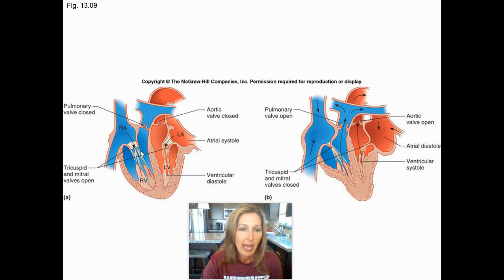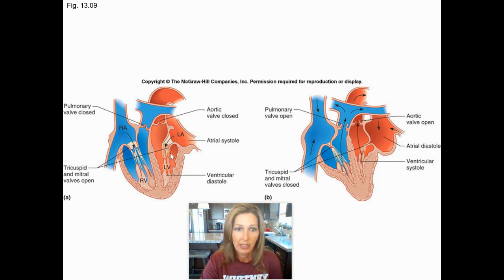Now, when atria contract, they push blood down into the ventricles, and then the ventricles contract, pushing blood out the arteries. But when those ventricles contract, they snap these AV valves closed. And that's the heart sound that you hear: you are hearing valves closing. You're not actually hearing the blood moving.